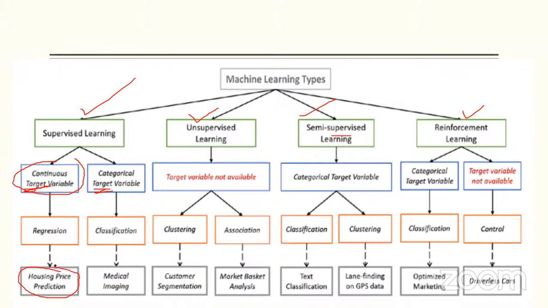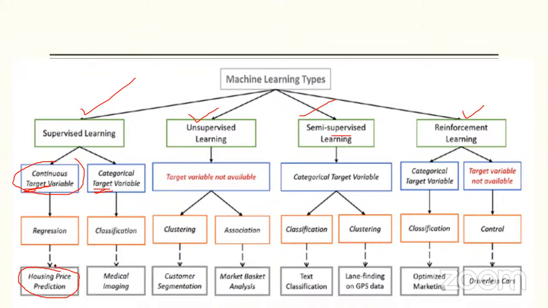Let's say you bought an apartment, and you're trying to predict. Let's say you're investing in an apartment because you feel that the price of the land will increase after some time, or the price of the apartment will increase after a few years, right? So on what basis are you going to predict?